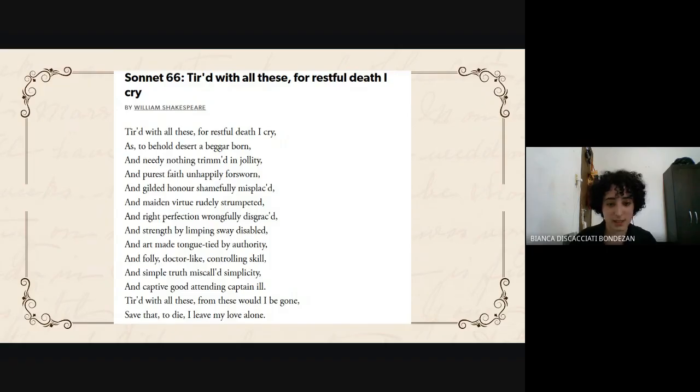Tired with all these, from these would I be gone, save that, to die, I leave my love alone. Oh, I love this one.